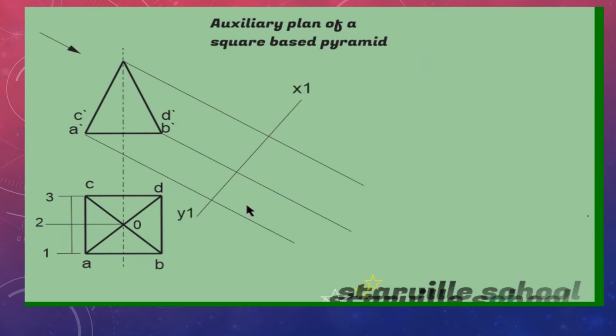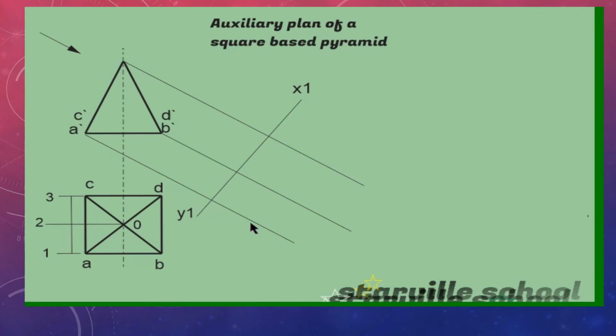Alright, so next we have to get the width. This width, that's the distance from here to here. We have to place them along any of the edges of the projections, along this projection, either on the lower side or the top side, any of them.